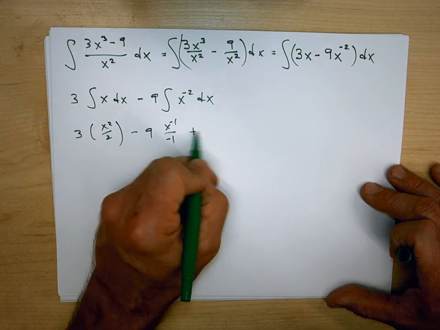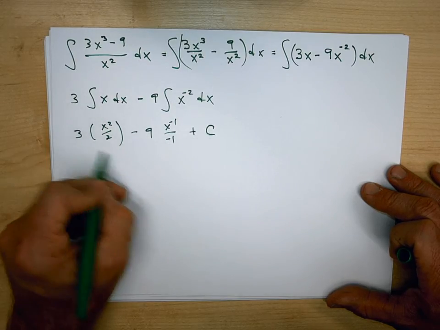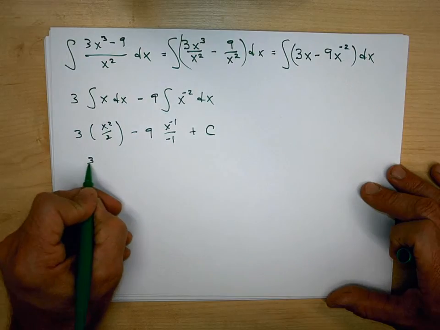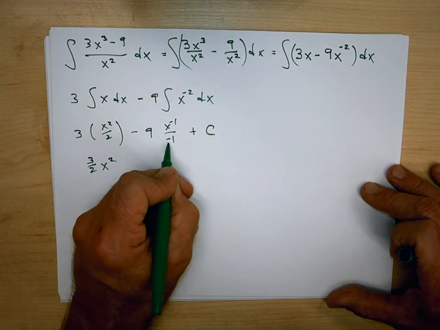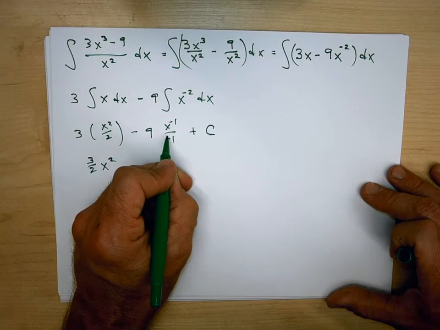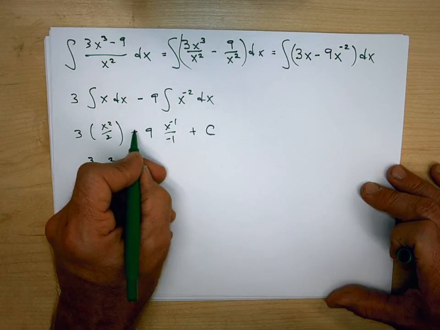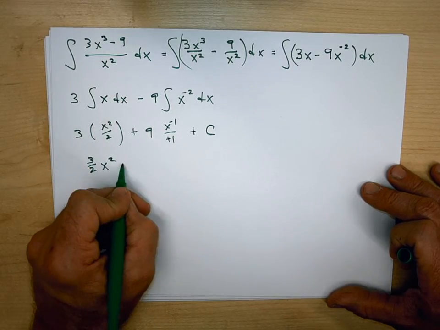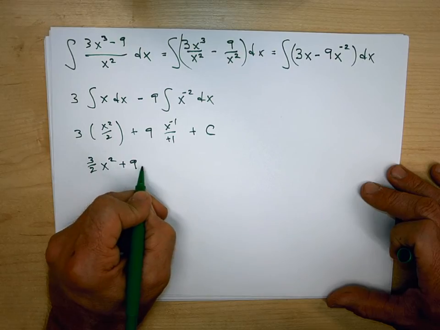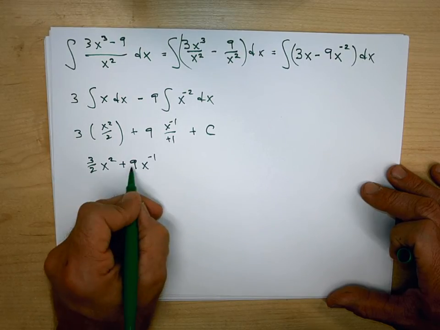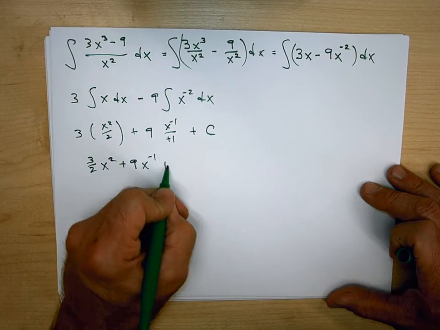I'll have this plus c on the end of the whole thing. So let's clean this up a little bit. That's going to be 3 halves x squared divided by negative 1. Just makes this negative, so it'll make this positive. So I'll have plus 9 x to the negative 1. I could rewrite that as 9 over x if I wanted, and then plus c.